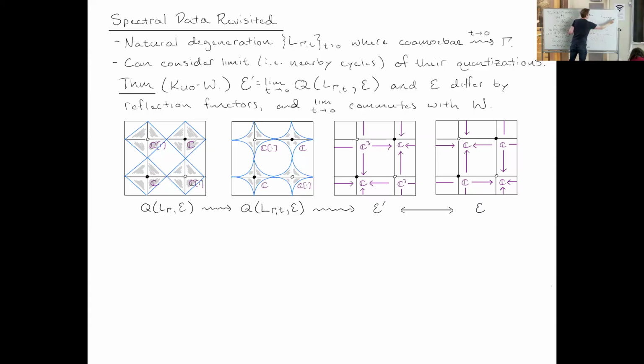This was CW. Let me call this VW. So that's some new space I could cook up out of this data.